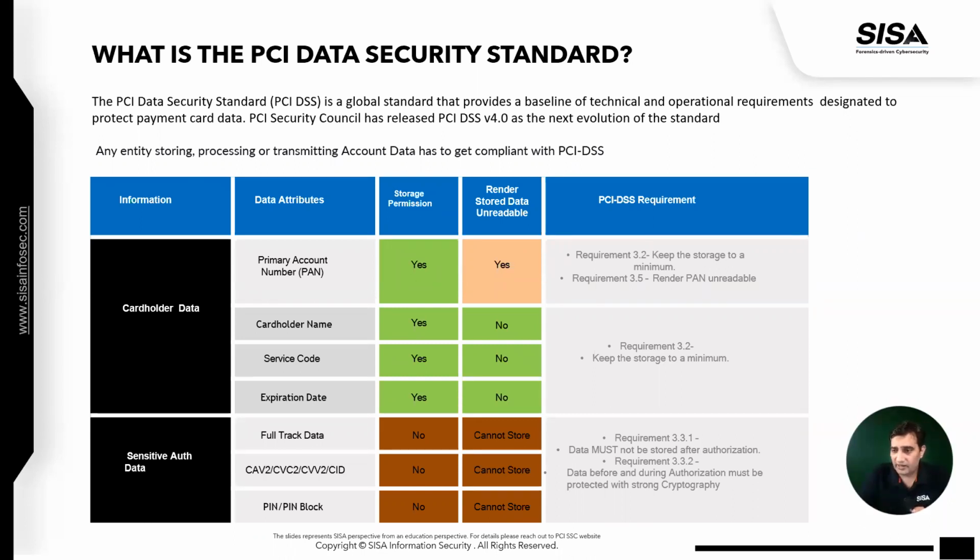That particular data, the entire card data and the secret data, can be divided into two categories, as you can see. One is called cardholder data, and another is called sensitive authentication data. Sensitive authentication data includes any kind of PIN, CVV2, or track data which is there in the small magnetic stripe on the card, right?